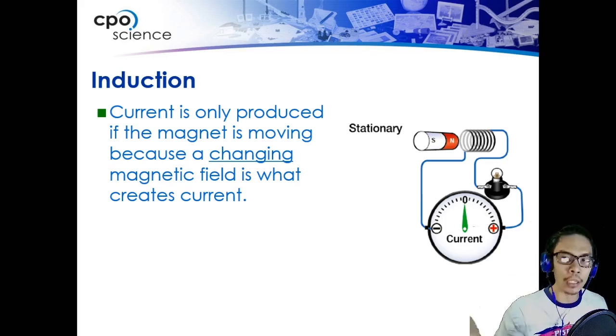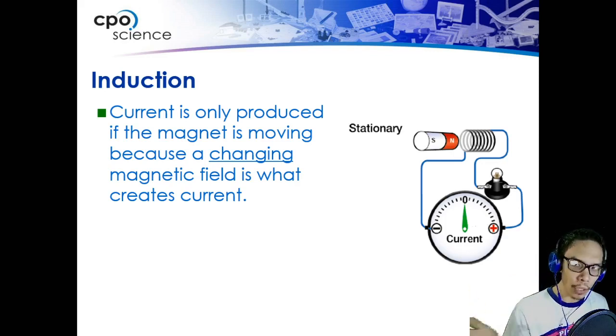Then when you move this north pole away from the conductor, the loop of wire experiences a lesser amount of magnetic field. So by moving the magnet near the coil and away from the coil, you change the magnetic field, and it will produce a current.